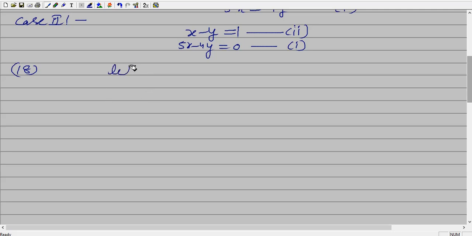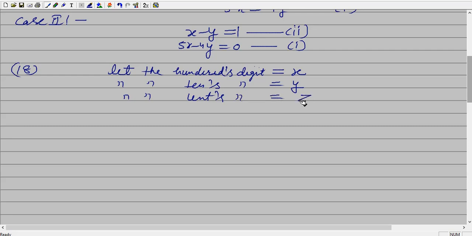So we consider, let the hundreds digit be x, let the tens digit be y, and let the units digit be z.